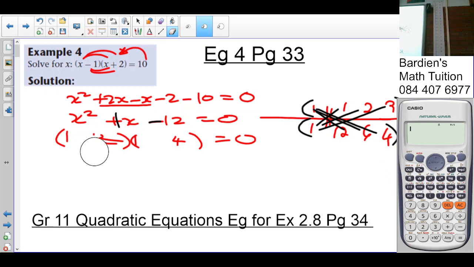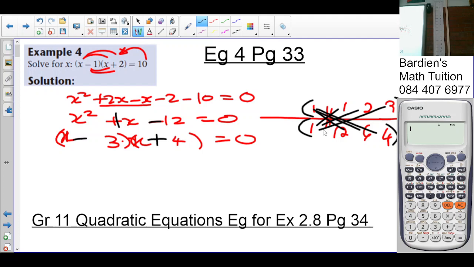Okay? So there goes x and an x. Now what about our signs? One plus, one minus. The bigger product must be positive. So the 4 is going to be bigger than the 3x.